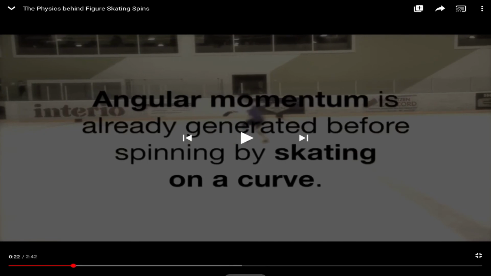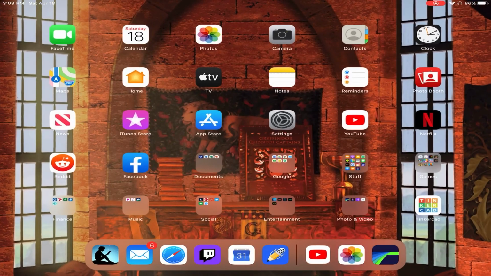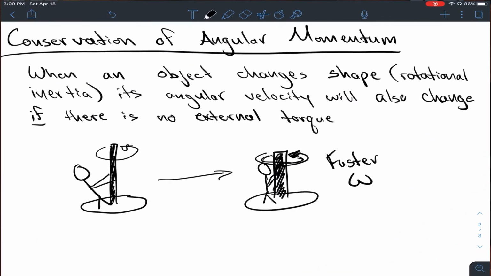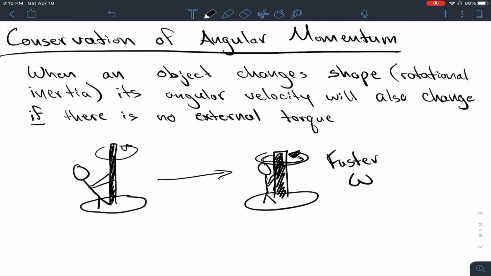Just the idea that when we change our shape, when we change our rotational inertia, our angular velocity also has to change.